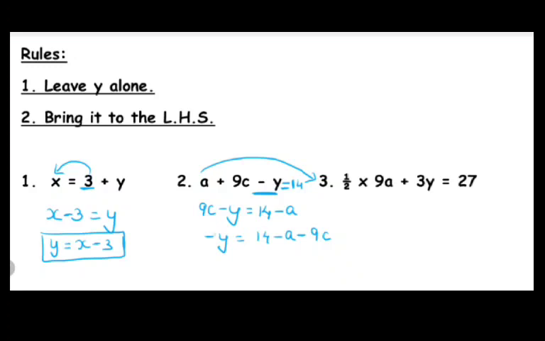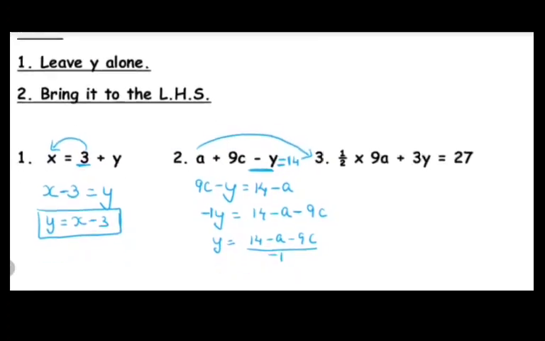So this minus sign means it's a minus 1y. Between a number and a variable, there's always a hidden multiplication sign. So when we move the minus 1 from the left hand side to the right hand side, the multiplication sign changes to a division sign. So y is equal to 14 minus a minus 9c upon minus 1.